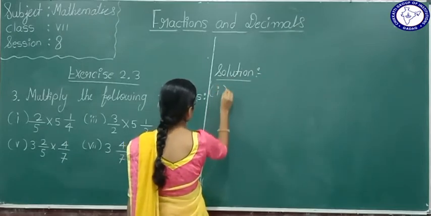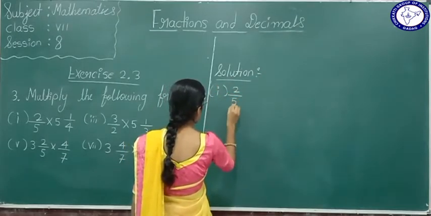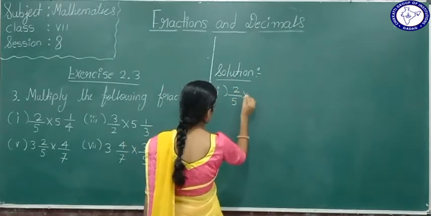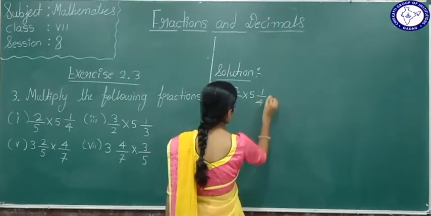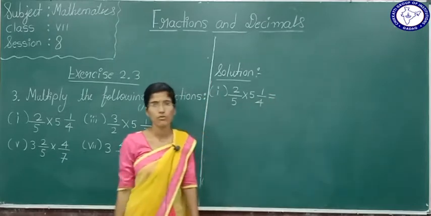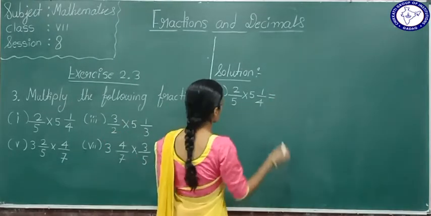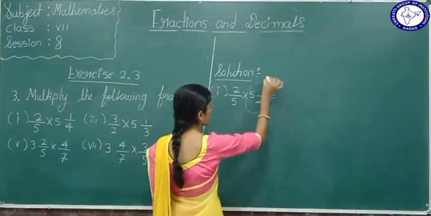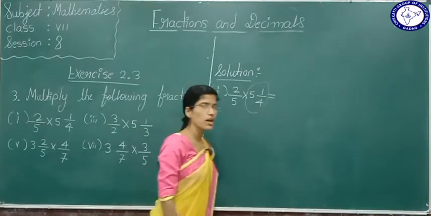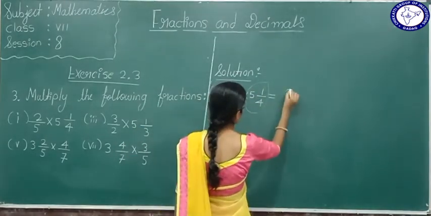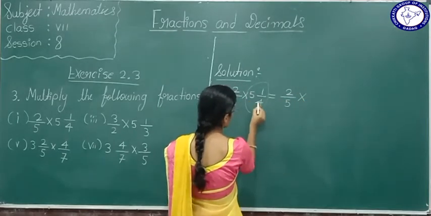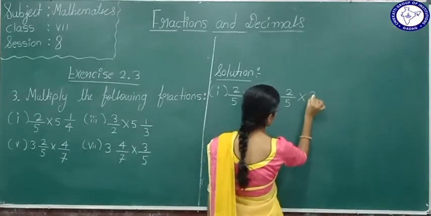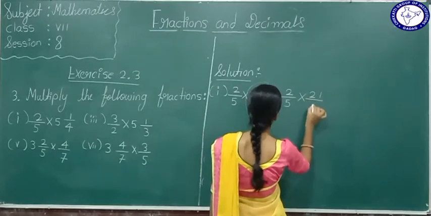See the first one: 2 by 5 multiplied by 5 integer 1 by 4. First convert this mixed fraction into an improper fraction. What is that? 2 by 5 multiplied by, 5 4s are 20, 20 plus 1 is 21, divided by 4.